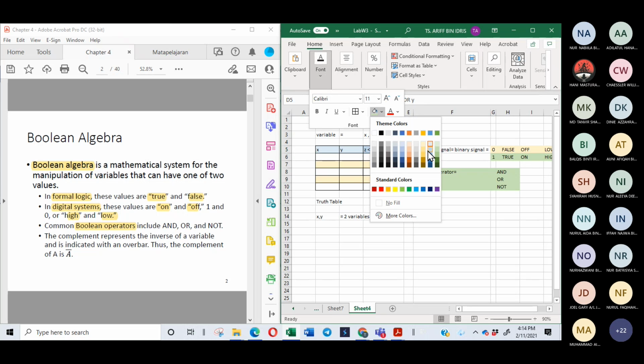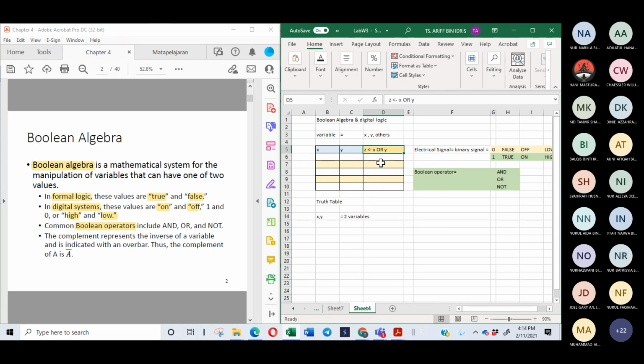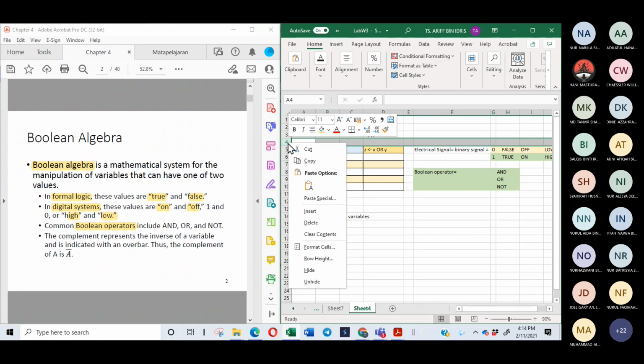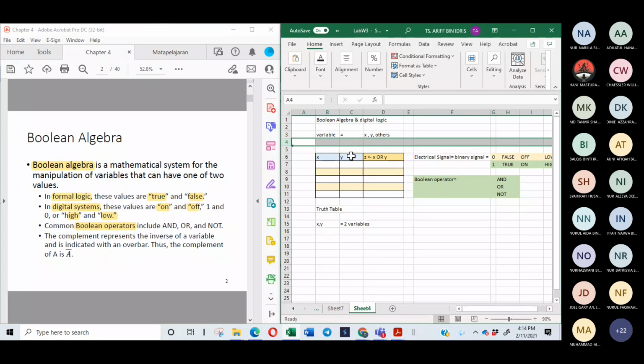Let me differentiate using a different color. This part is the input, and this part is the output.